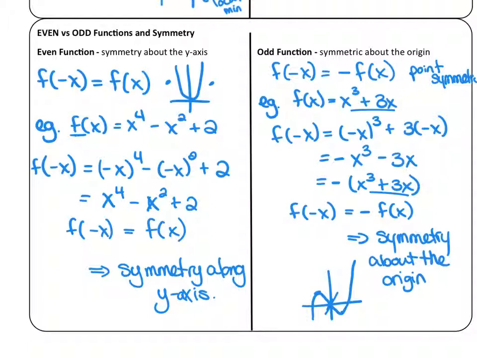If it's neither the odd function nor the even function, if you don't have any of the symmetry and neither one of them works out, then you would say that you don't have any symmetry about the origin, and you don't have any symmetry about the x or the y-axis, and then you can just say that it's not an even function or an odd function. Sometimes that happens.